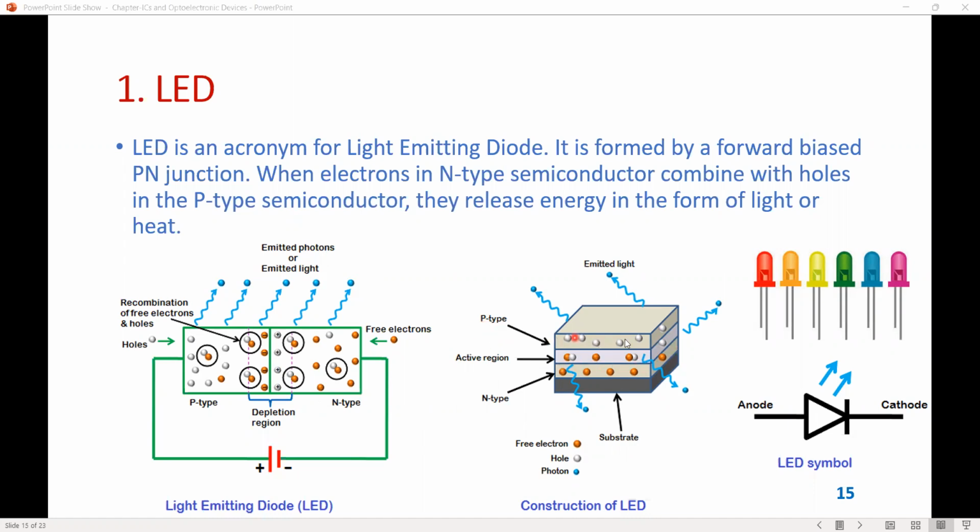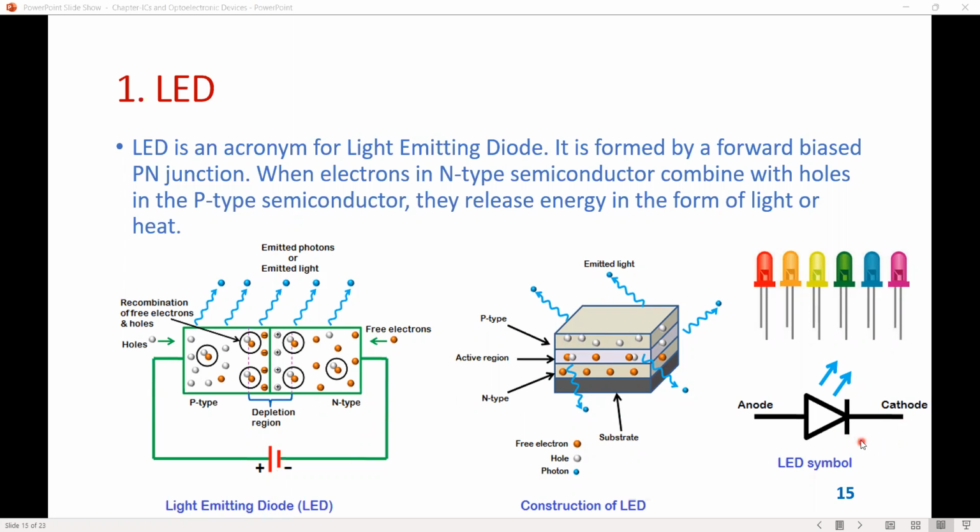And then we have P-type at the top. So P, active, N-type, and then we have the substrate. And then when we connect this in forward bias, what happens? Electrons and holes start combining, and they start releasing and emitting photons from everywhere. So this way the LED basically starts glowing.